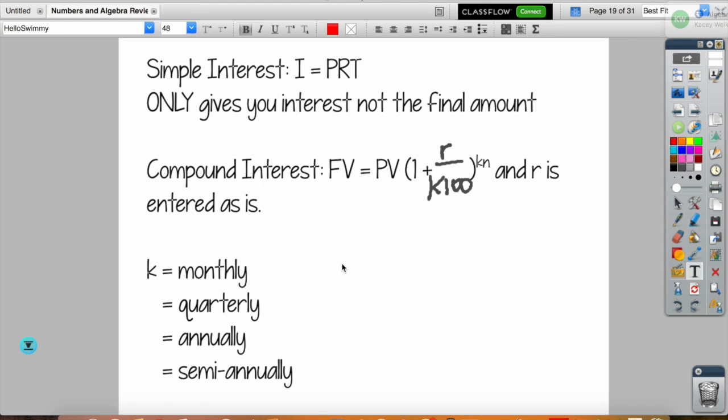Could be any of those, okay? Remember that monthly stood for 12, quarterly stood for 4, annually stood for 1, semi-annually stood for 2. Those were some of your main ones. There could have also been daily, which we never really saw, but that's 365, weekly, 52, biannually, 2, etc.